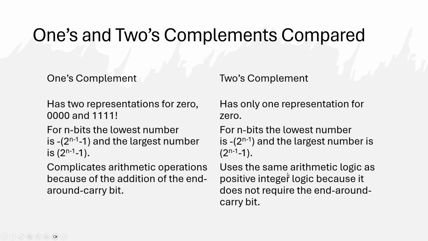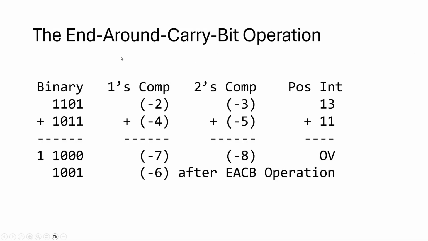It uses the same arithmetic logic as a positive integer, because it does not require the end around carry bit. And finally, let's look at the end around carry bit so that this is understood. And this may be the main reason why the two's complement system is preferred over the one's complement system.